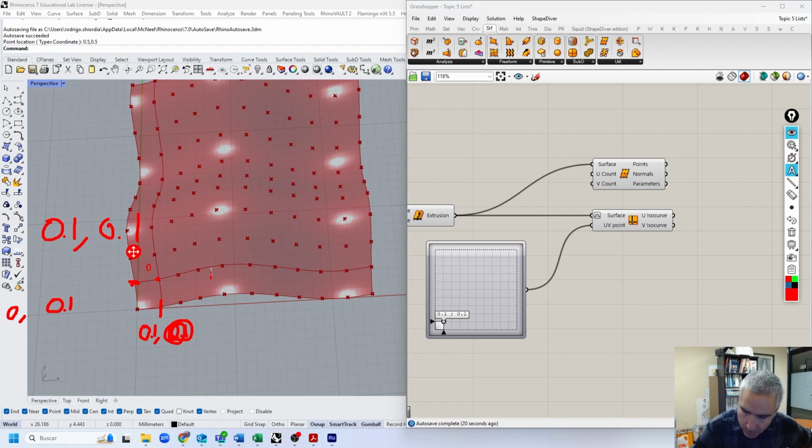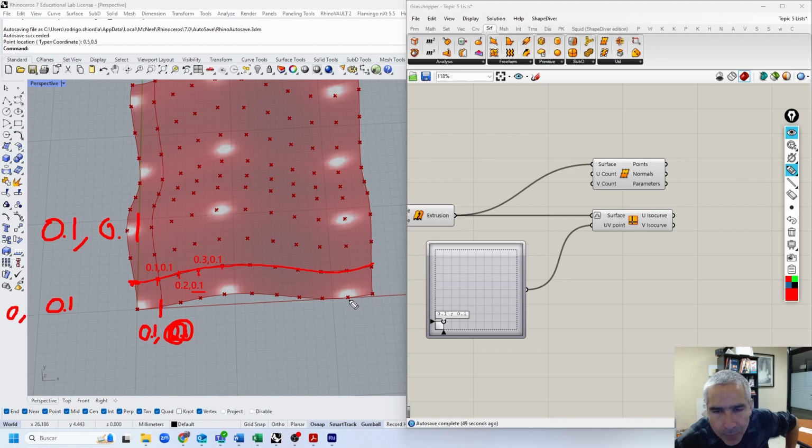This is 0.1, comma 0.1, and then this one is 0.2, comma 0.1, and then this will be 0.3, comma 0.1, and you can get that. You can see that all the points here will have that 0.1 as their v parameter, and you're increasing the u parameter.